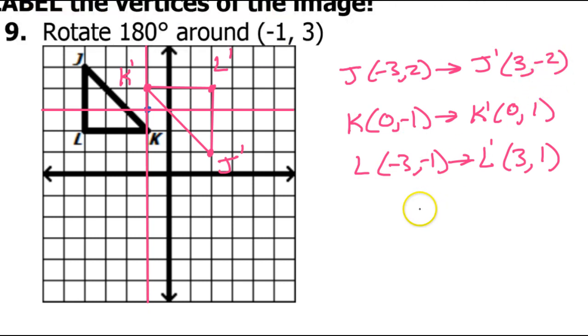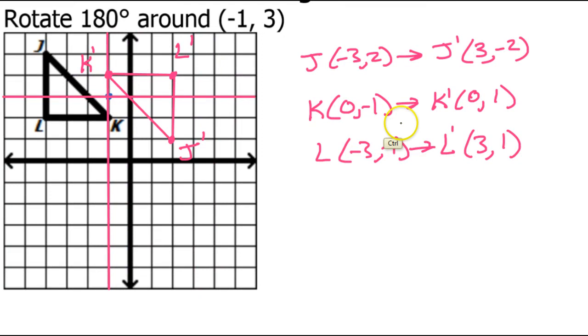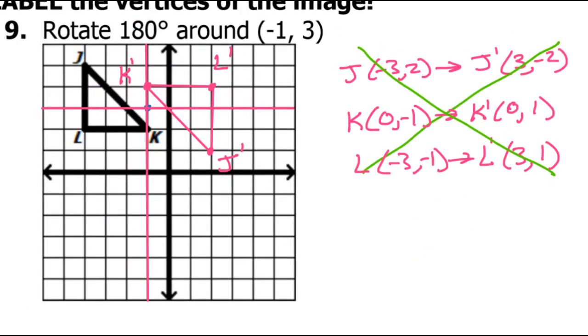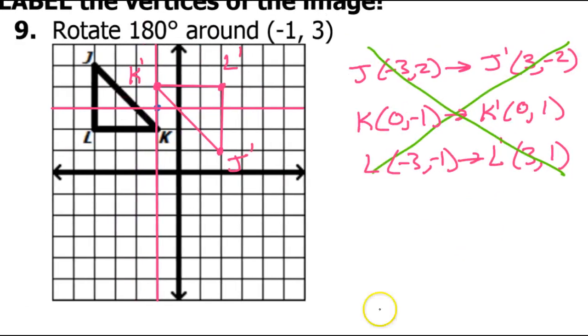Now be careful, because these are not the real original coordinates, and these are not the real coordinates of J prime, K prime, and L prime. So if they ever ask you to list the actual coordinates, you could, and these would not be they. So if I wanted to list the true coordinates of the pre-image and then the image, I would have to do something like this.